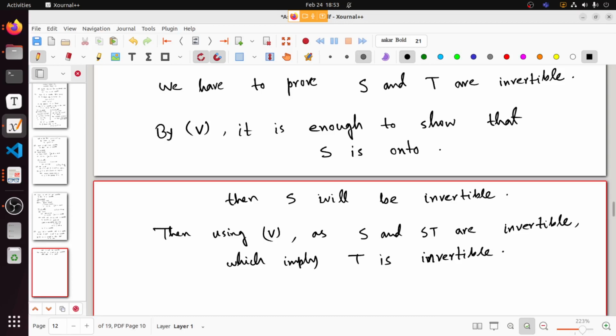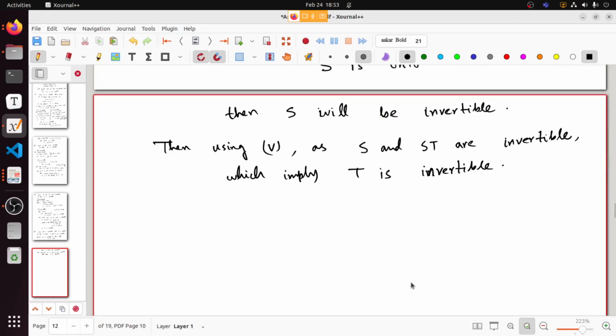So it remains to show that S is onto, right? Then we are done. So it remains to show S is onto. So now let's check S is onto.